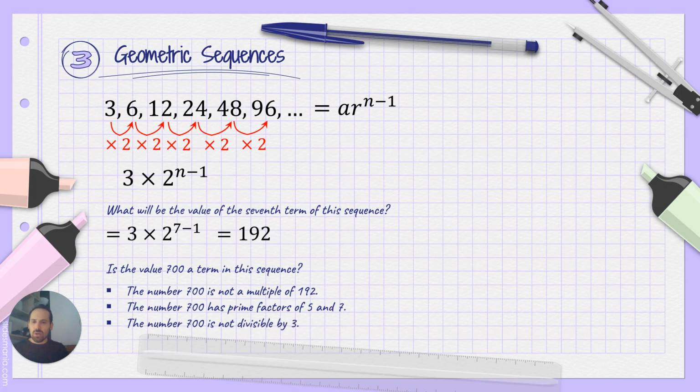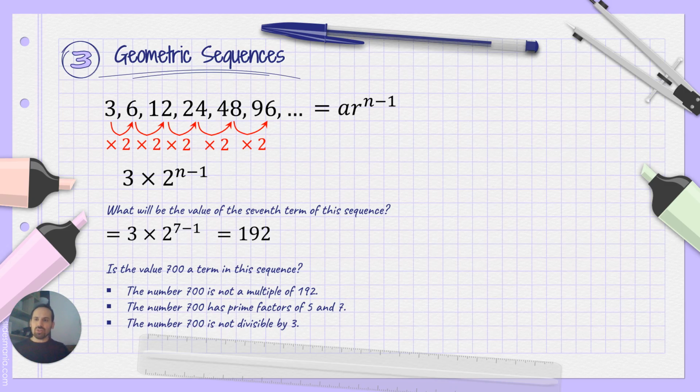Or furthermore, we could simply say that 700 is not divisible by 3, because we know we're starting from 3 and then doubling each time from there. So 700 is a multiple of 2, but it's not a multiple of 3. And we can check that using our basic divisibility rules. You remember, all the way back in our study of numbers, if the digits of a number add up to a multiple of 3, then the number itself is a multiple of 3.